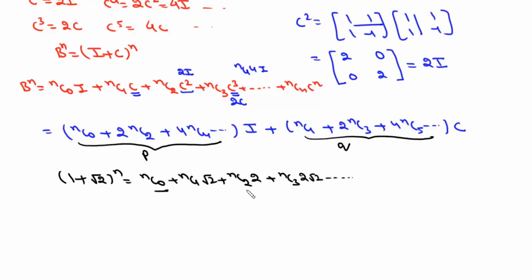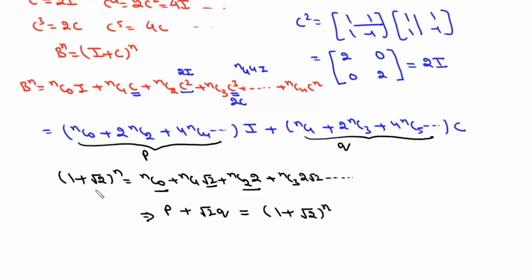Now if we consider these terms, this is nothing but P. So it will be this P, and then if we take root 2 common, then it will be Q. So we can write this as P plus root 2 Q. So the value of P plus root 2 Q will be simply (1 plus root 2) to the power n.